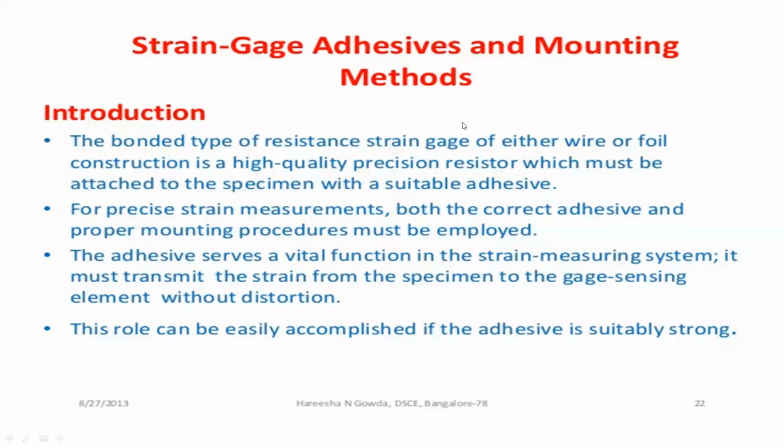They play a vital role in strain gauge manufacturing. The adhesives give a very high amount of strength to the strain gauges, giving them strong stability. We are using this type of adhesives.